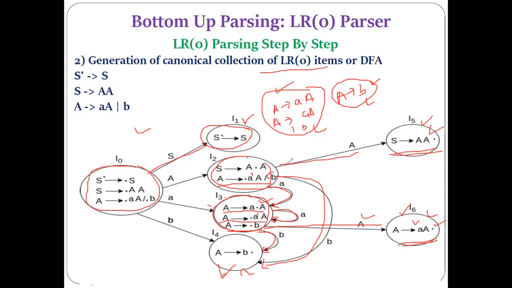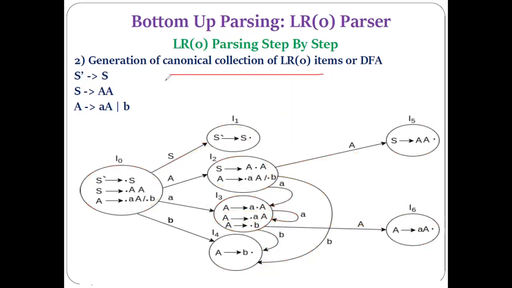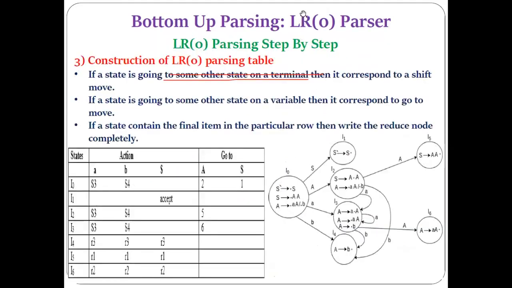Symbol in the sense, you have to move the dot over a terminal, and also over a non-terminal. But the closure operation you have to apply only when there is a dot present to the left of a non-terminal symbol. Okay, so in this way you have to generate the canonical collection of LR0 items. Now next let's see the next important step, that is constructing the LR0 parsing table.